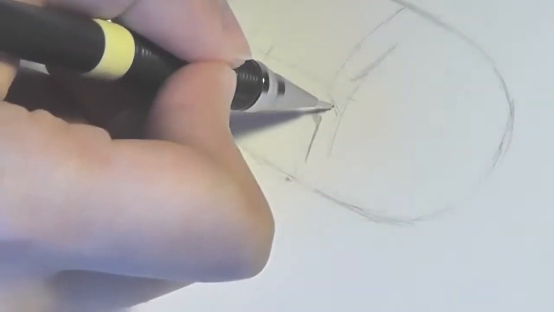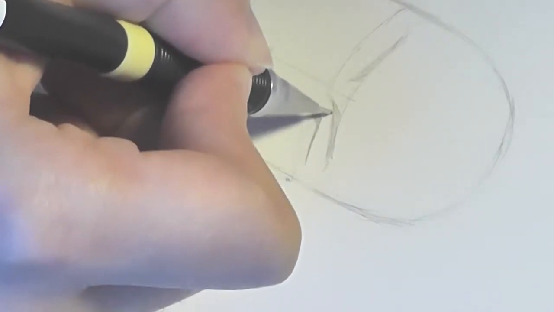For the nose, it goes where the chin line is the widest, right where it starts to narrow down towards the chin, and then the mouth should be a little bit lower.